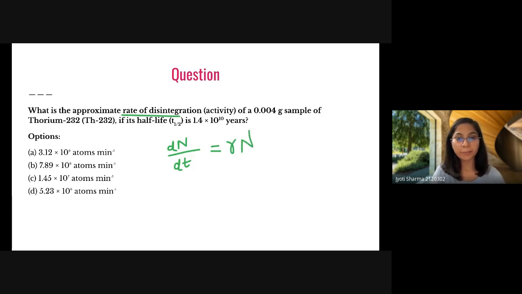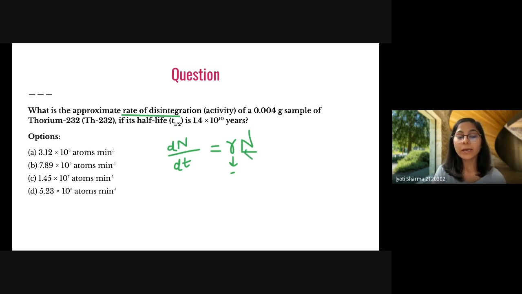If you remember, the change in concentration of any element per change in time is equal to RN, and this R is the rate constant, and this N is your original element concentration.